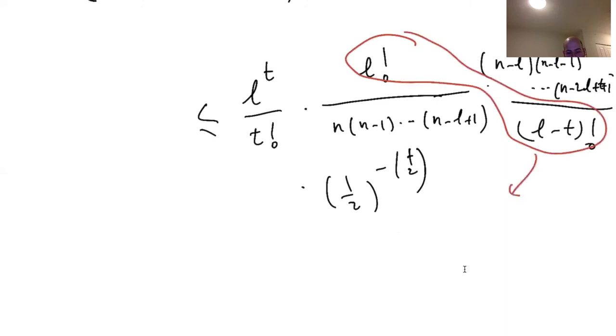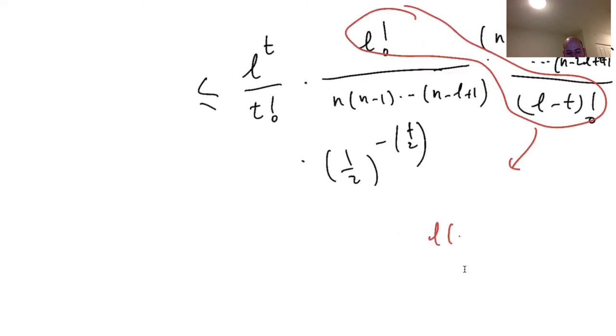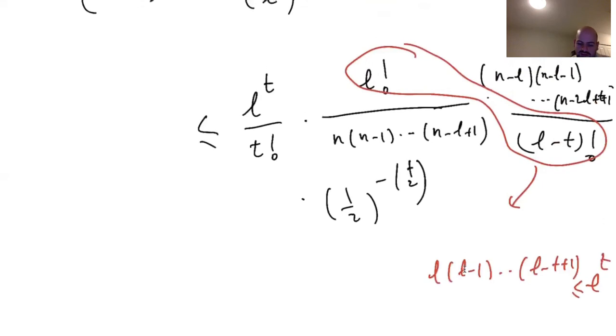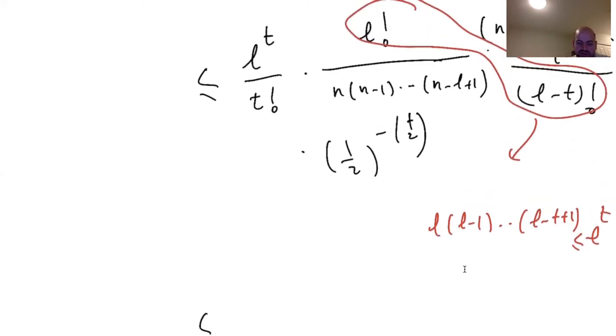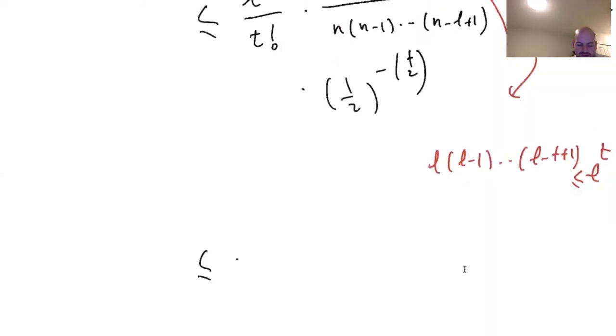That will be L times L minus 1 times to L minus t plus 1, which is less than or equal to L to the power t as well. So then I'm going to get another L to the power t here. So it's going to be L to the power 2t divided by t factorial.